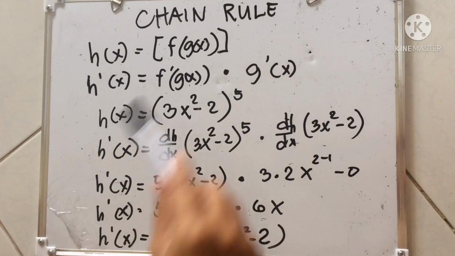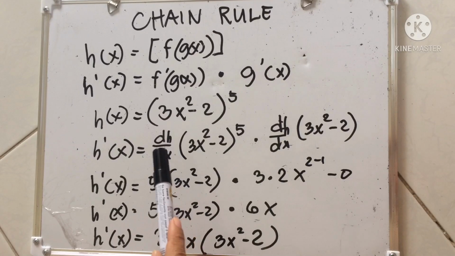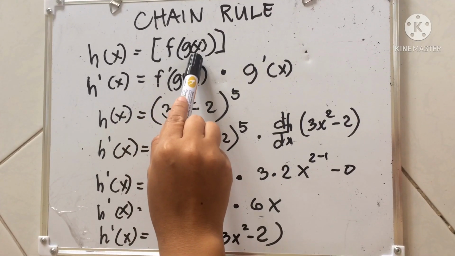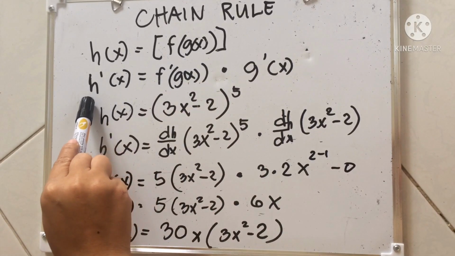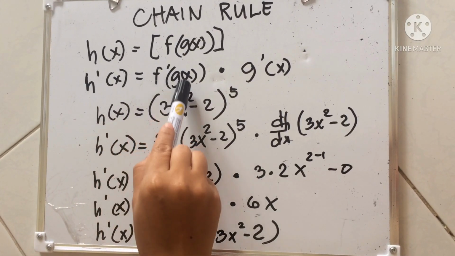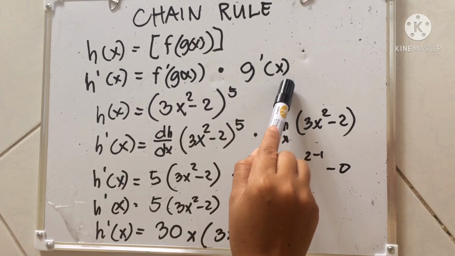And last, the chain rule. If h of x is equal to the quantity f of g of x, then the h prime of x is equal to f prime of g of x times g prime of x.